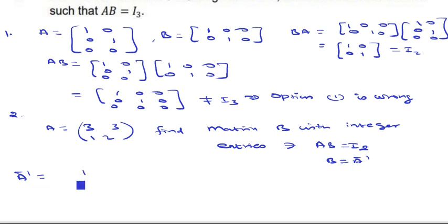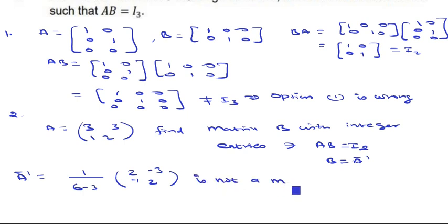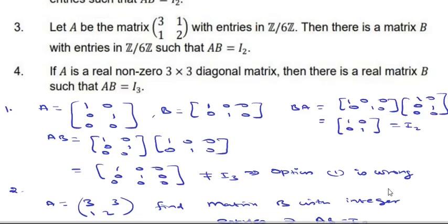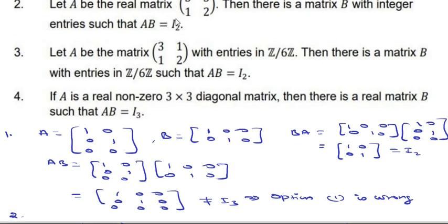A inverse equals 1 by 3 times [2 -3; -1 3]. The A inverse formula is 1 by determinant of A into adjoint of A. So this is not a matrix with integer entries. Therefore option 2 is wrong.